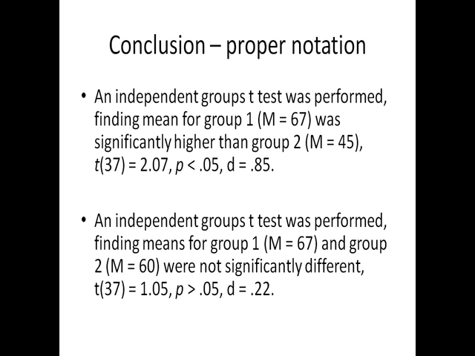So putting all that into its proper notation would look like this, and the top and bottom paragraph are equivalent. Okay, and I guess the top and bottom paragraph are using the same notation, but I meant to say the bottom paragraph is displaying different numbers, just to give an example of a test that found a non-significant result.